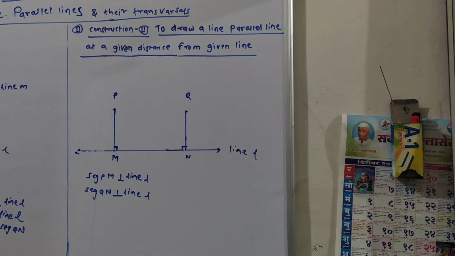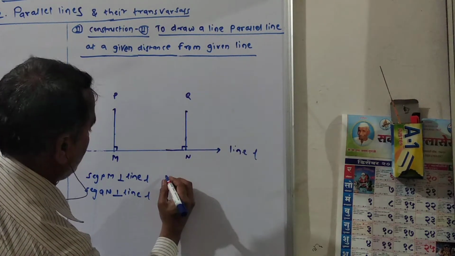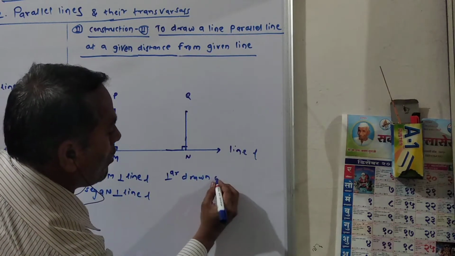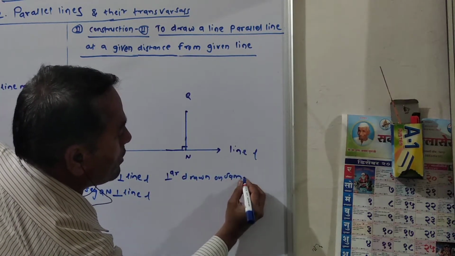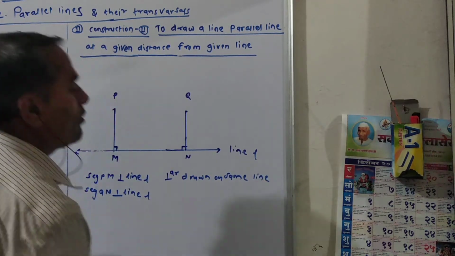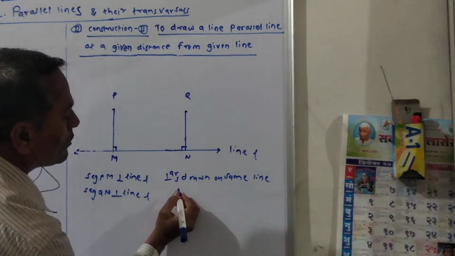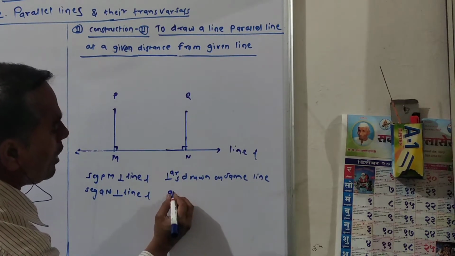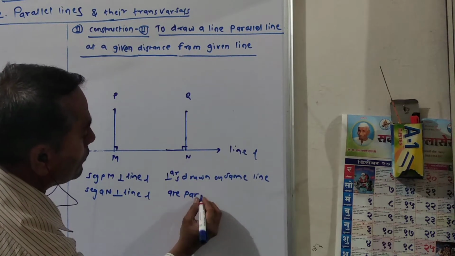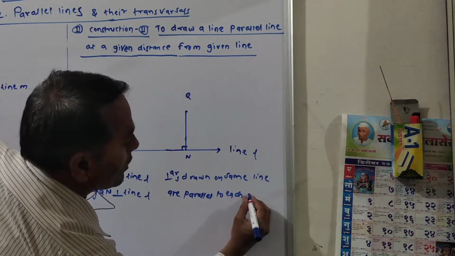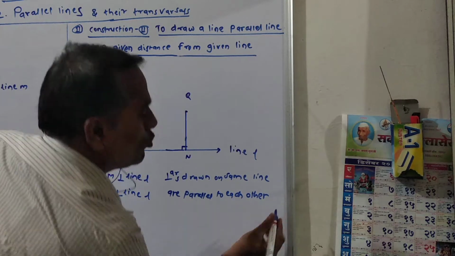Hence the perpendiculars drawn on the same line are parallel to each other. This is the property of two perpendiculars on the same line.